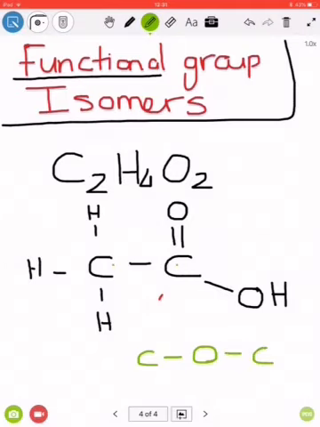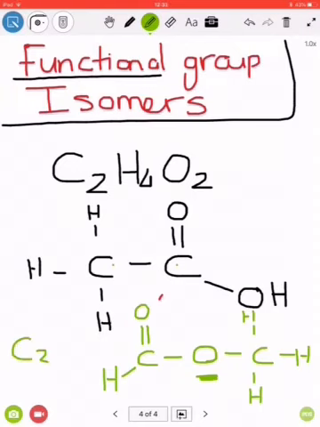It doesn't matter, I can put the double O here, and then this one will just have an H, and here I'll have my 3 H's. So this is now an ester, because the carbon chain is broken by this oxygen here. So an ester and a carboxylic acid will be functional group isomers of each other, because this will still be C2H4O2.